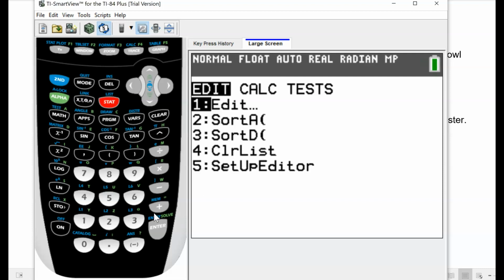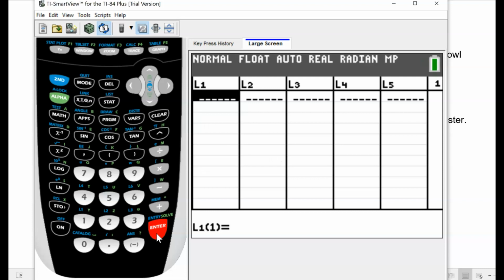You're going to press the Stat button and then Enter. Then you can type in all of your numbers. So I'm going to type in 345, 340, 315, 285 and 317.